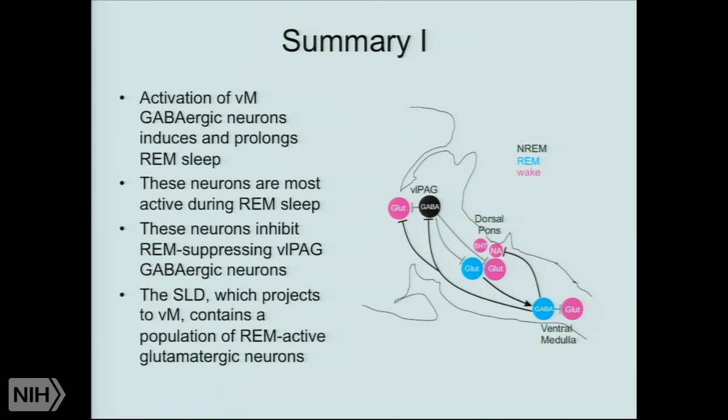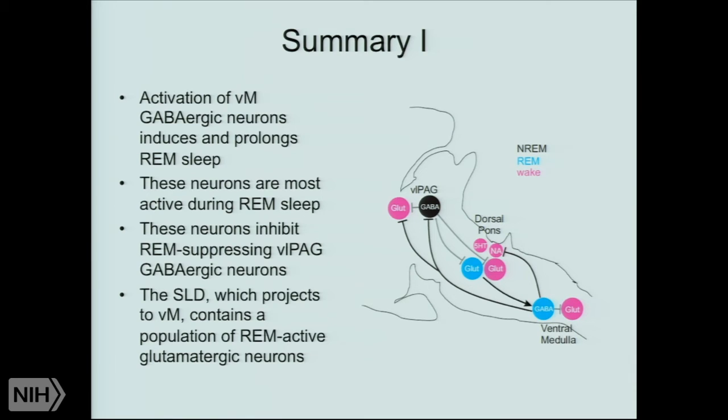Just to summarize everything I told you so far, I won't read these, these are the earlier parts. But for the input part, the SLD, which we know projects to the VM, contains a population of REM-active glutamatergic neurons, the example I showed you in the last movie. So here I'm putting together a little circuit diagram of what we've figured out so far in this part of the brain.